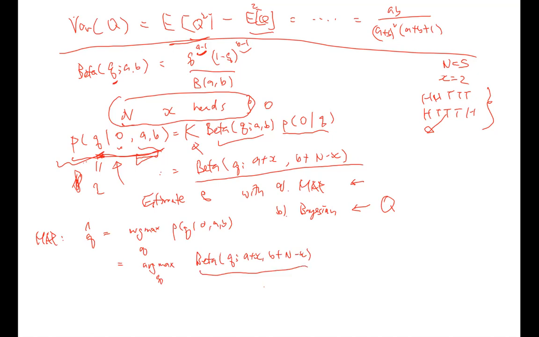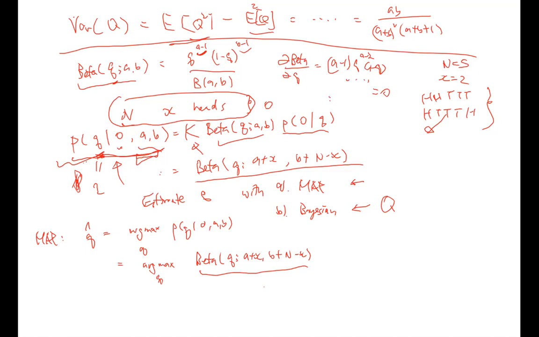You can do it yourself by simply taking the derivative. For example, you have this beta here, you take the derivative d beta dq, then you will have something like a minus 1, q to the a minus 2, 1 minus q, and so on. I set it to 0, then you will find the peak there, and I'll leave it to you.